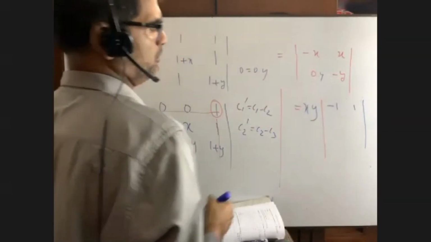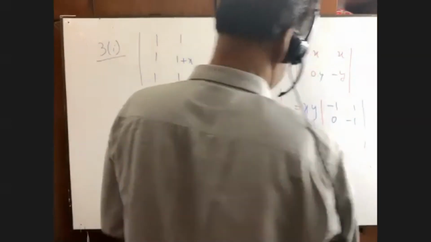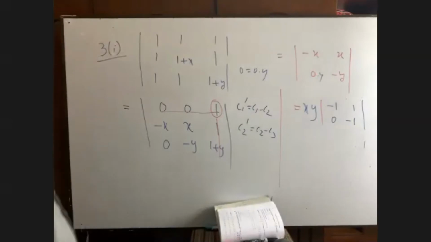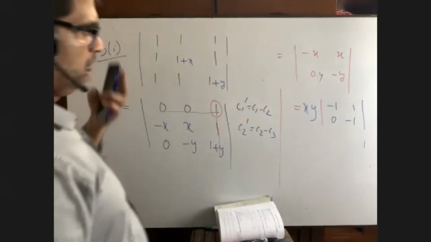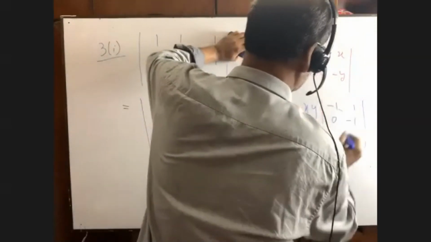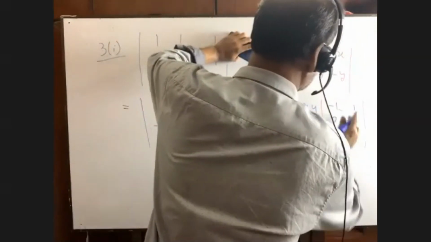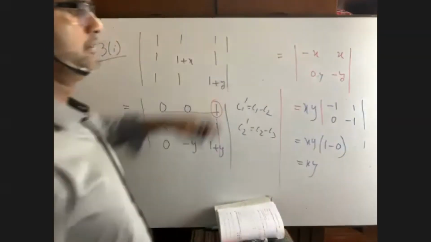So y can be taken common. It is 0, it is minus 1. Have you seen now? Yes, sir. So our result is what? xy into 1 minus 0. That is our result, xy, that is our right hand side.